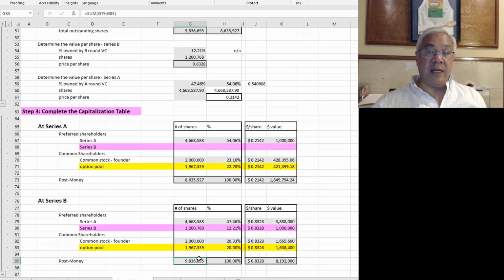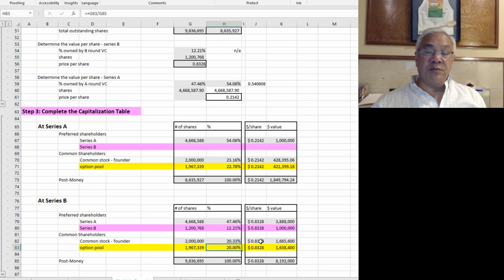So if we have 9.8 million shares outstanding, and the VCs still want their 47% because they need that to achieve their 50% return, then that's what they'll get. That's they end up at 47%. Series B ends up at 12%, and that's what they need to get to the 1.9 million that their valuation's worth at harvest.